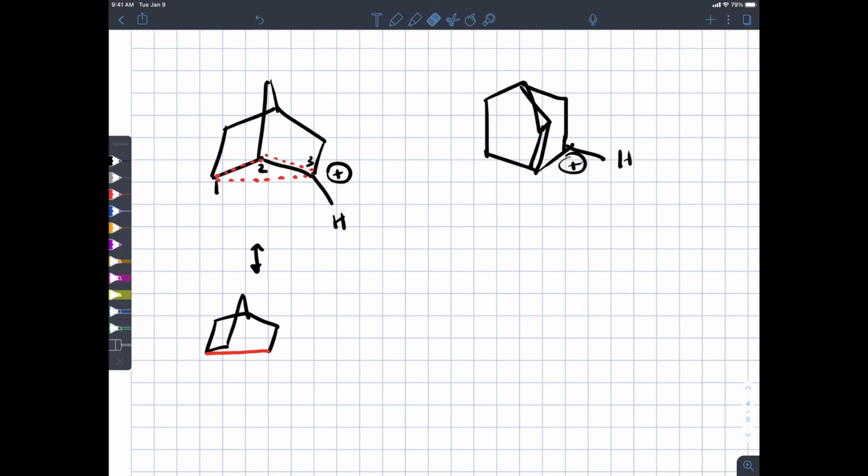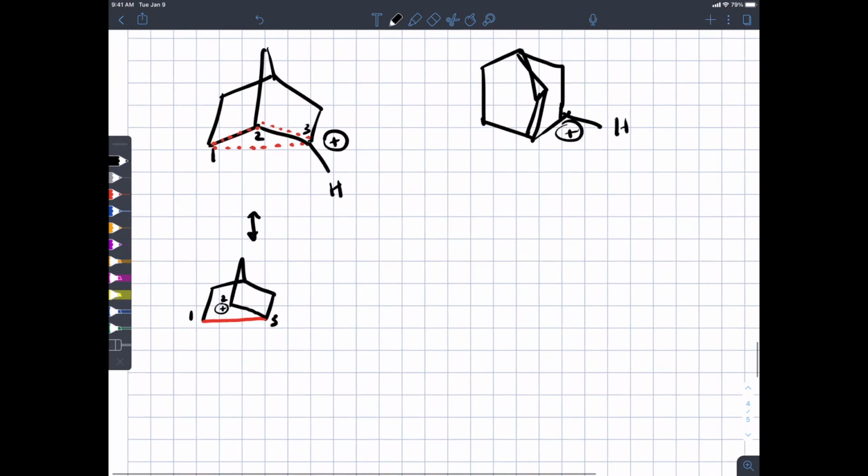This gets crazy, huh? Go ahead. So sorry, I just want to say that if we do that, then the carbocation comes to carbon 2? Yes. Yep. This bond would still be there, but we've moved it over, so there we go.